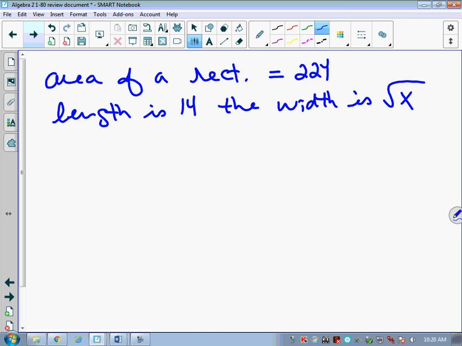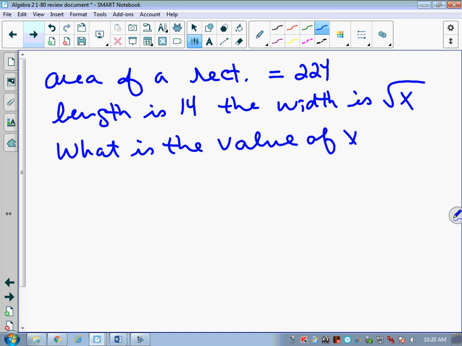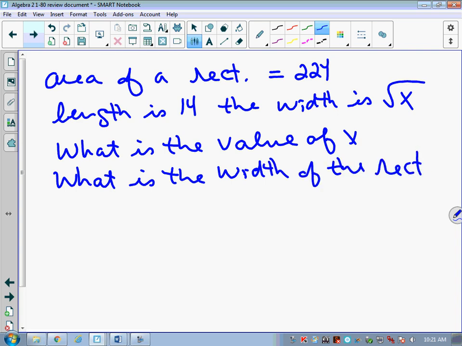It says, what is the value of x? And it says, what is the width of the rectangle? That's the question on the test.